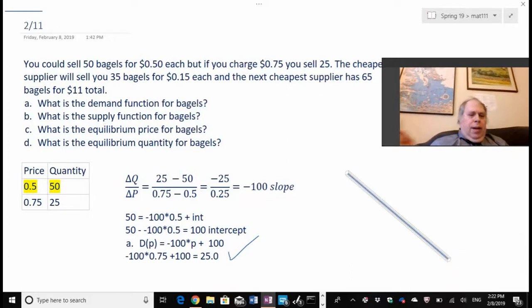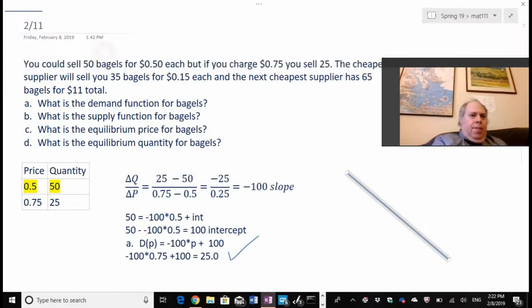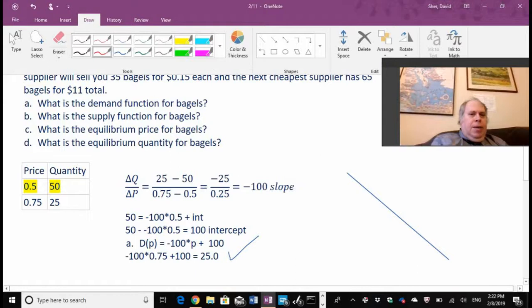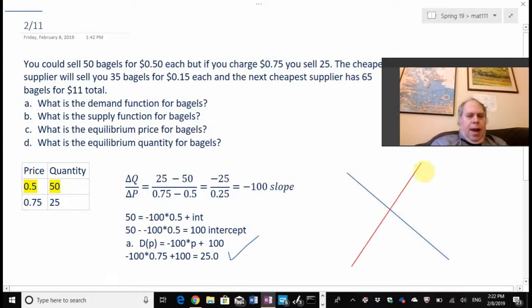It looks vaguely like this. And then we have supply, which is a positive slope. I'll draw supply in red. It's got an even higher positive slope. It looks like that.